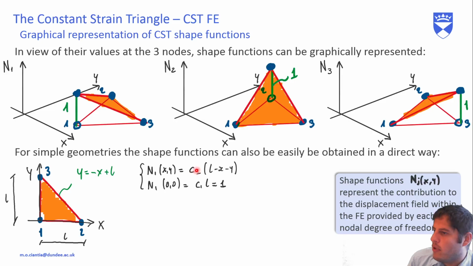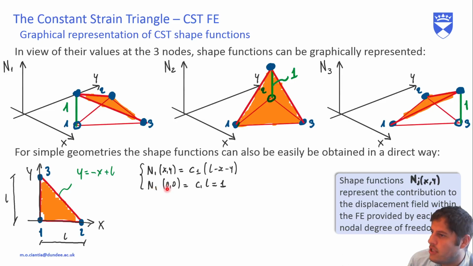And I multiply this equation by a constant. Then I say my N1 is c1, which is the constant I have to find, times L minus x minus y, which is this equation. And then I impose the consistency at node 1.